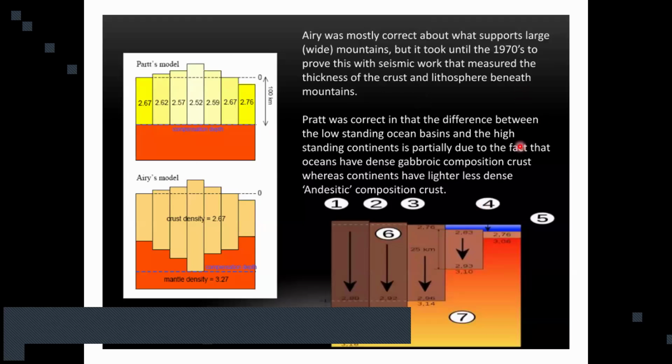Now, again, this is the Pratt model, Airy model. The Airy model was mostly correct about what supports large, wide mountains. But it took until 1970 to prove this with seismic work that measured the thickness of the crust and lithosphere beneath mountains.